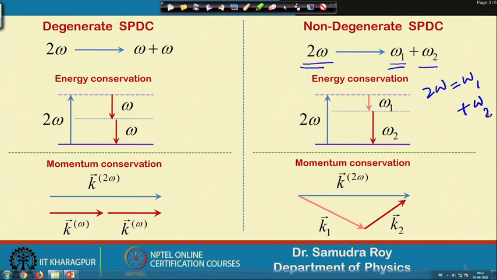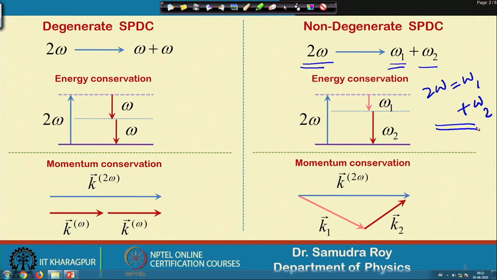So, this is the energy diagram where we can see that the 2 omega photon is split into omega 1 and omega 2 photons, and readily you can find that the energy conservation is valid with this simple expression. And for momentum conservation, it is not necessarily the collinear kind of phase matching.